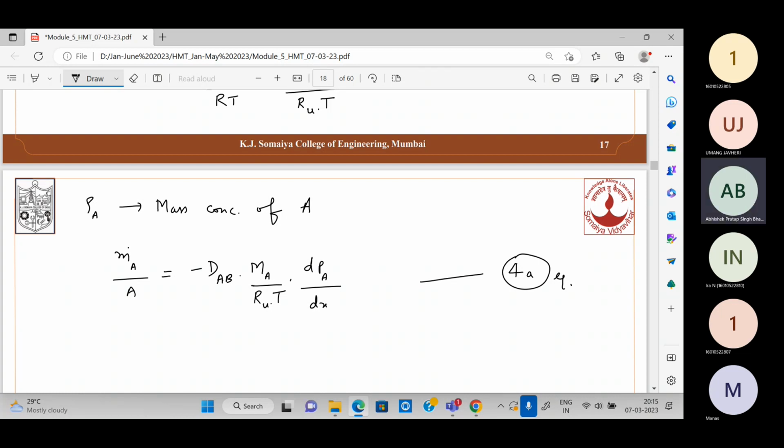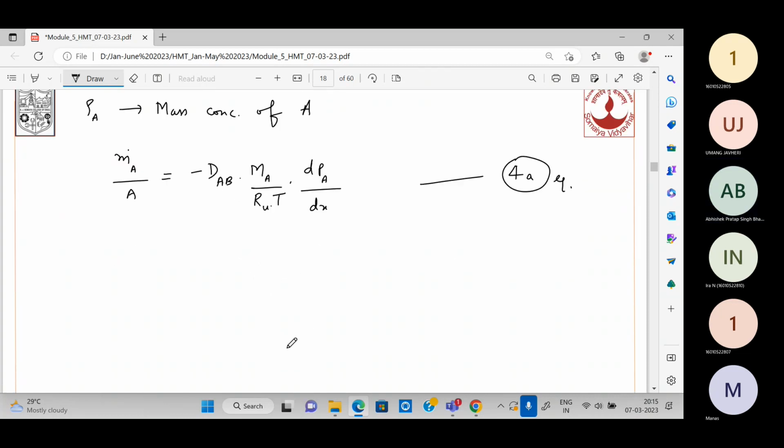Now we'll see for the gas component B, for isothermal diffusion.